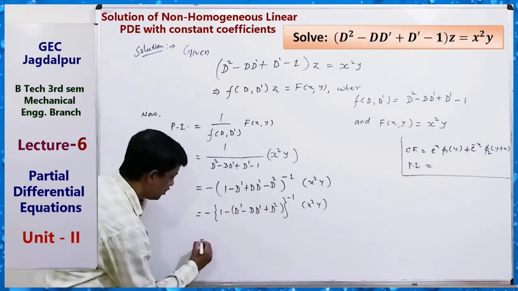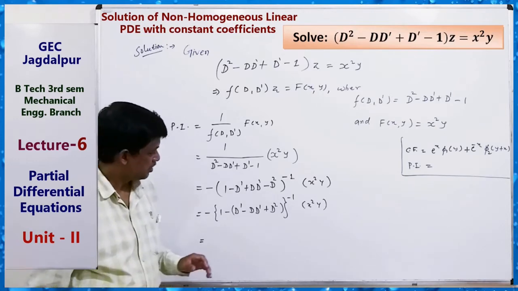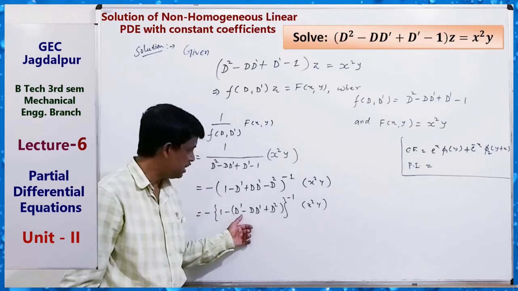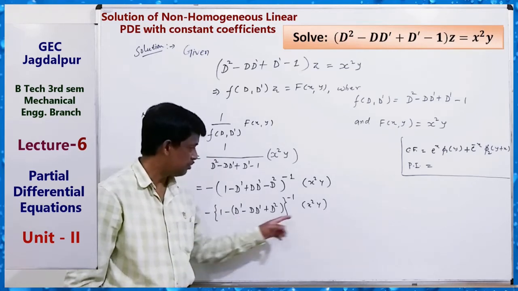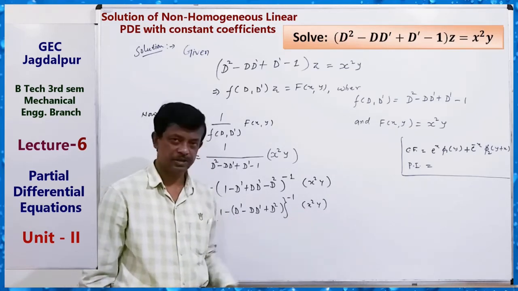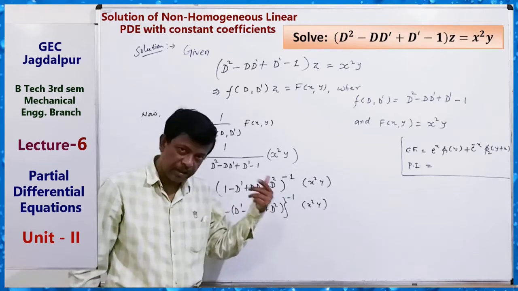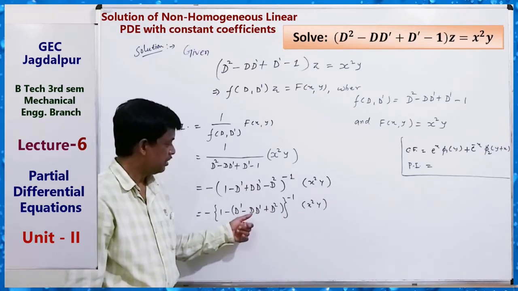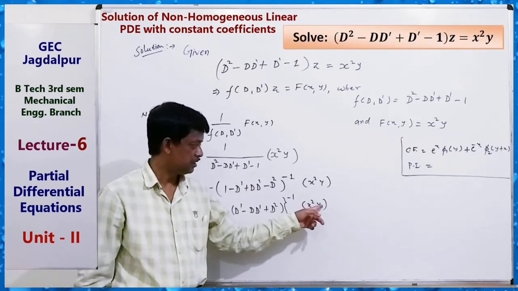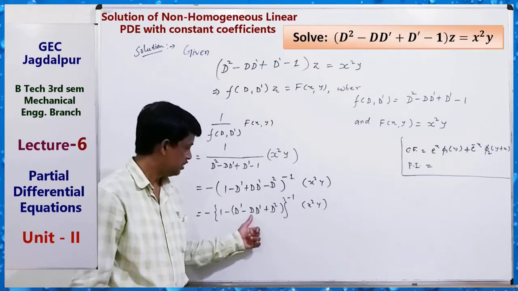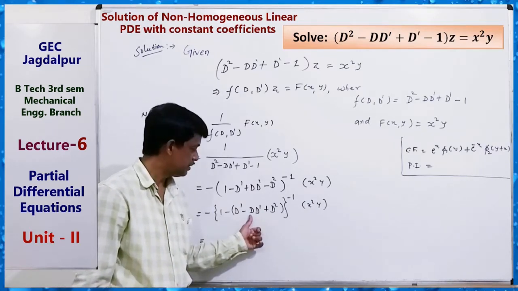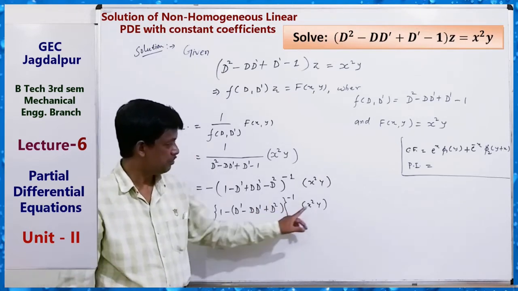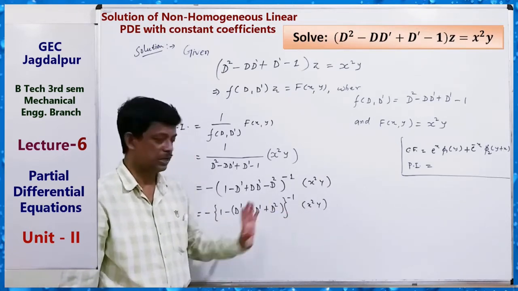So here we see that whenever we operate this on this, d dash one time gives x square, and if we use it another time, it will be 0. Here d dash means one time with respect to y, so x square.